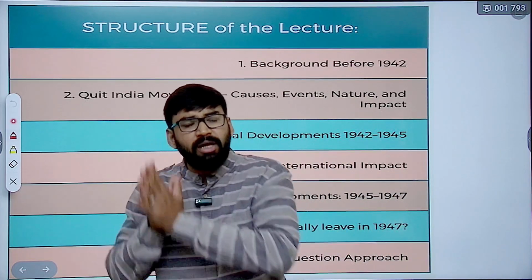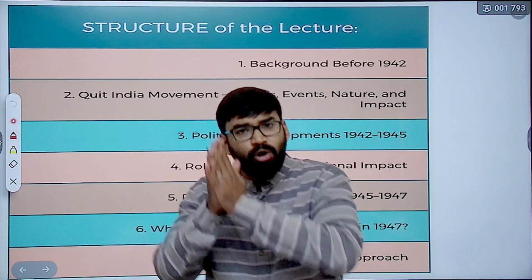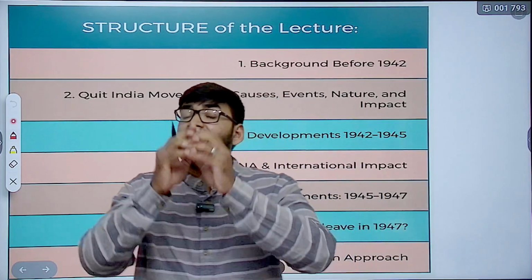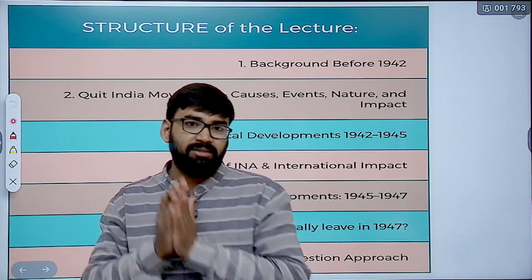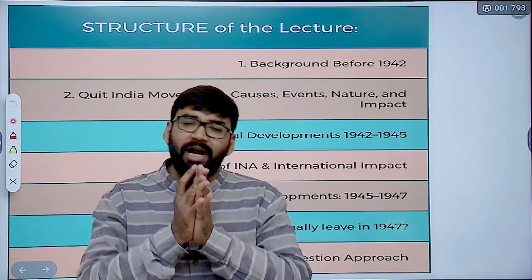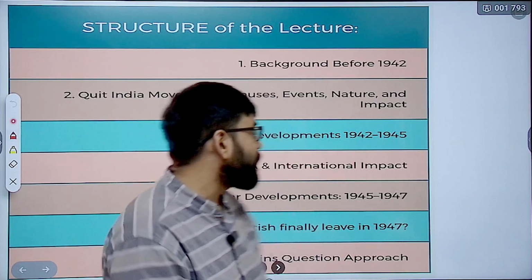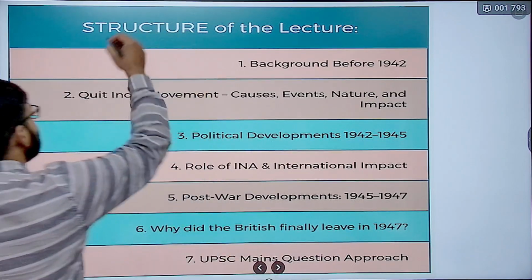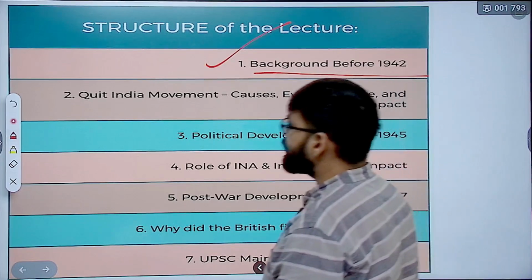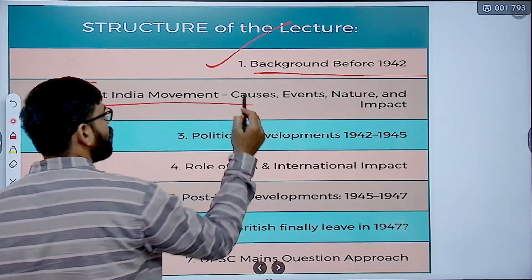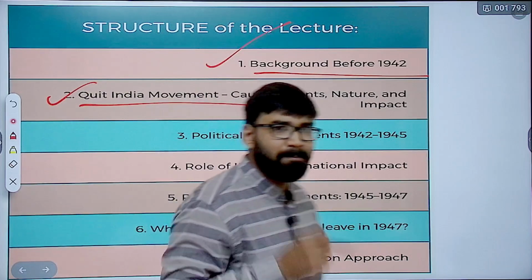So let's explain this segment chronologically, critically and analytically, just how UPSC demands. Let's understand the topics we are going to cover in this lecture. Background before 1942. Second, the Quit India movement: causes, events, nature and impact.